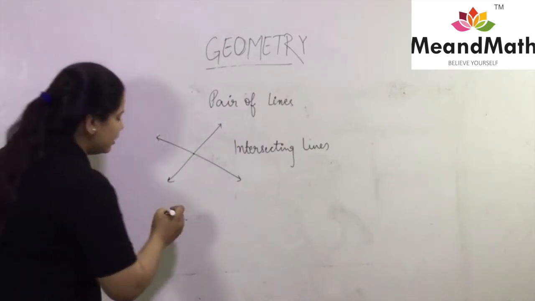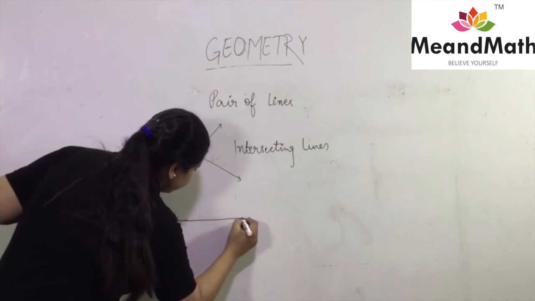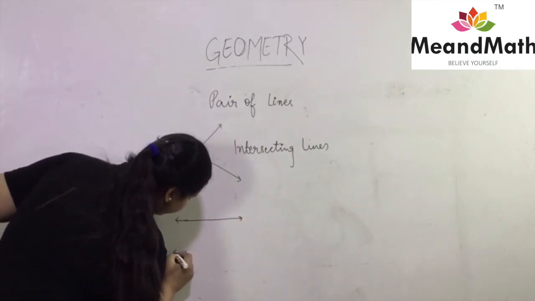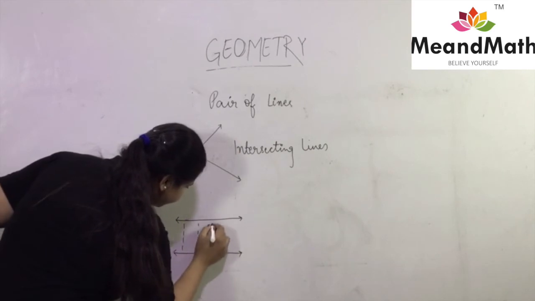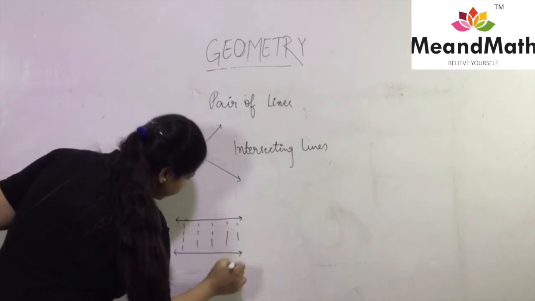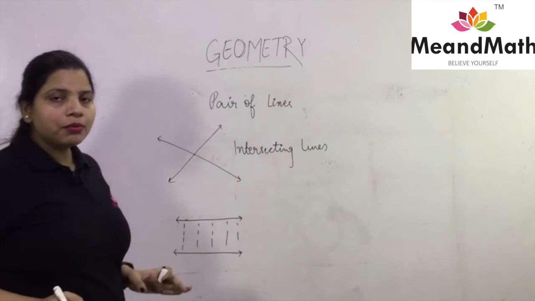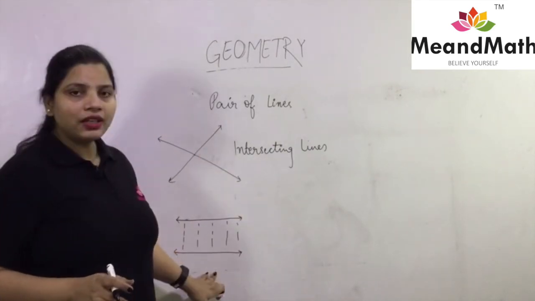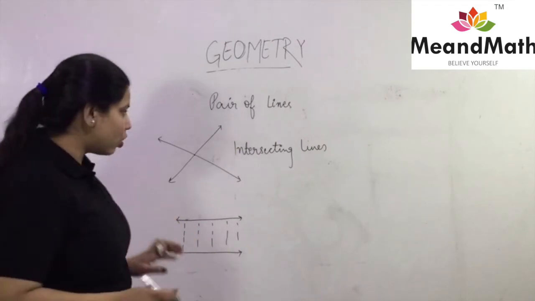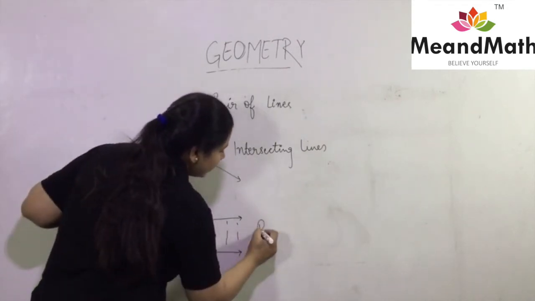If we have lines which have equal gap between them, which shows they will never meet at any point, anywhere, never meeting lines with equal gap are called parallel lines.